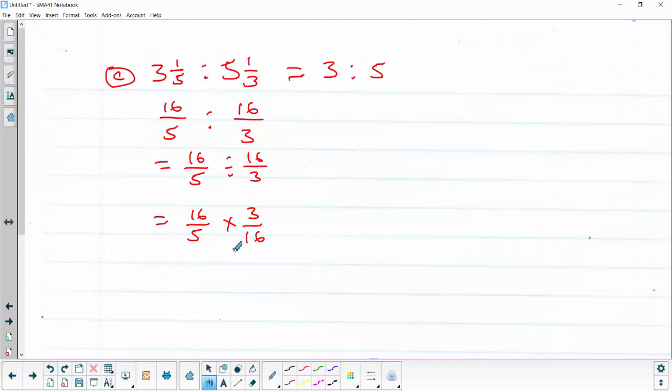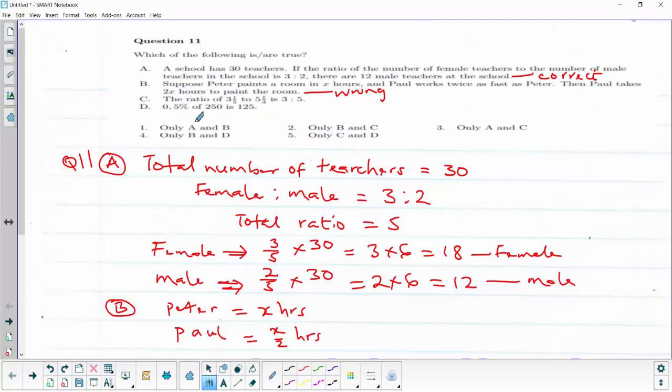You can see 16 goes for 16. We are left with 3/5. So 3/5 we can still write in the form of a ratio, which is the same as 3:5. So this statement is also true. So let us go back to our question. Our C is also correct.